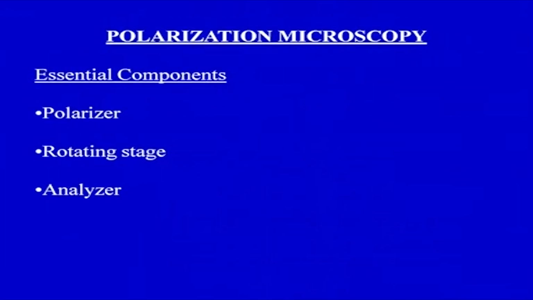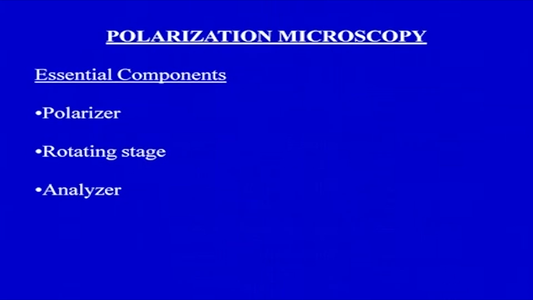If you take examples like the thylakoid arrangement in chloroplast, it has been seen in polarization microscopy before it was seen clearly in electron microscopy. Now, let us move on to the essential components of polarization microscopy, or polarized light microscopy as we also call it.